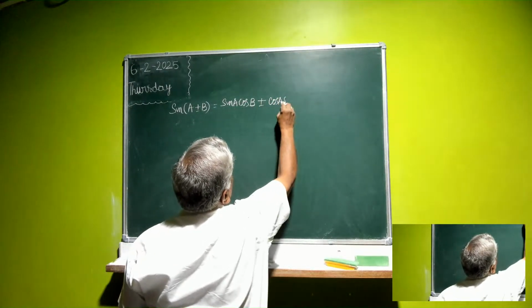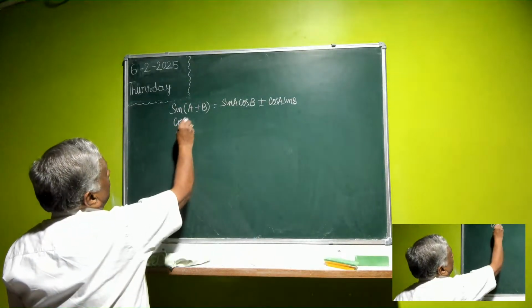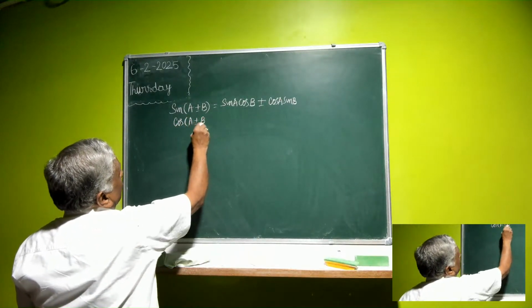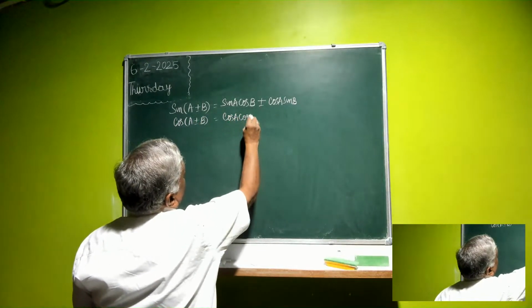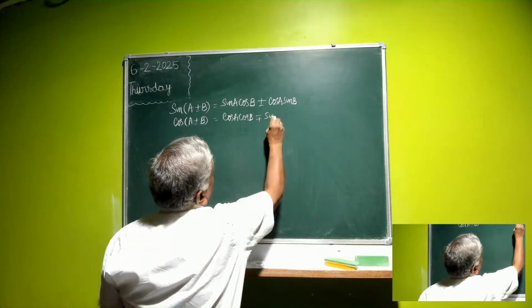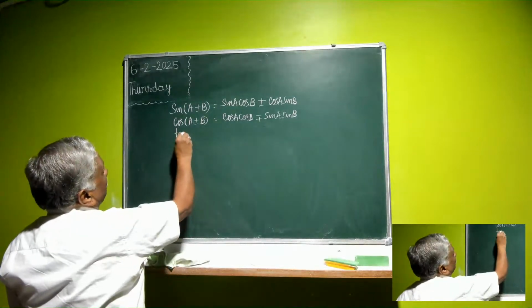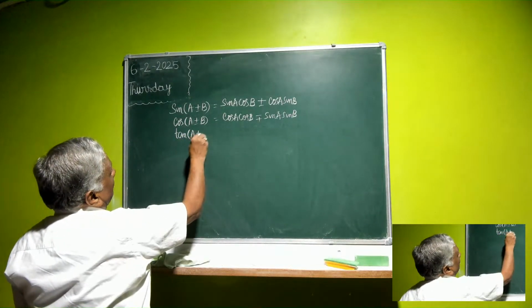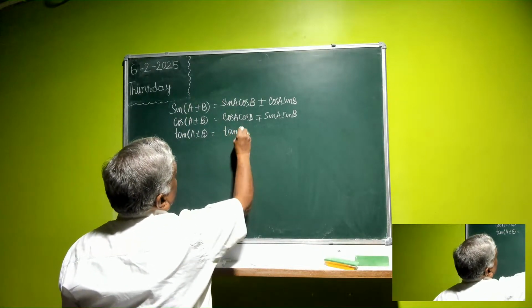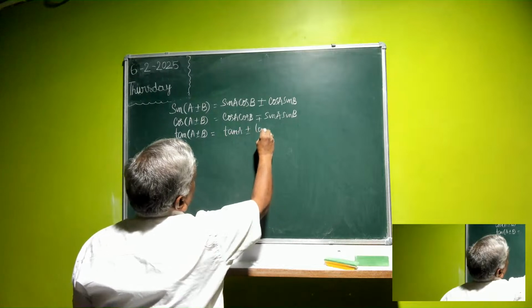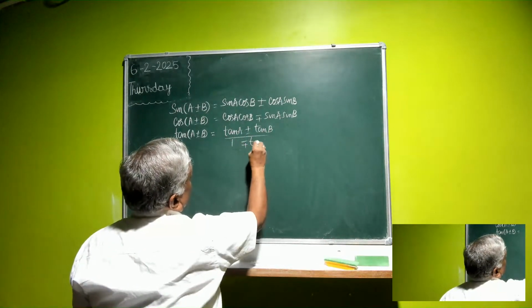Cos of A plus or minus B is cos A cos B minus or plus sin A sin B. Tan of A plus or minus B is tan A plus or minus tan B over 1 minus or plus tan A tan B.